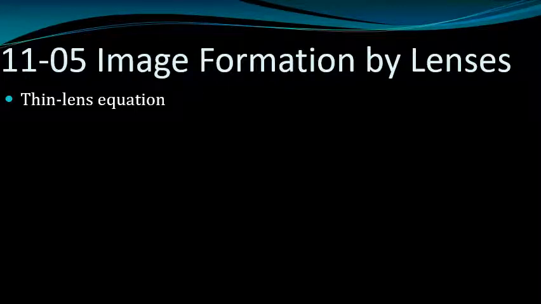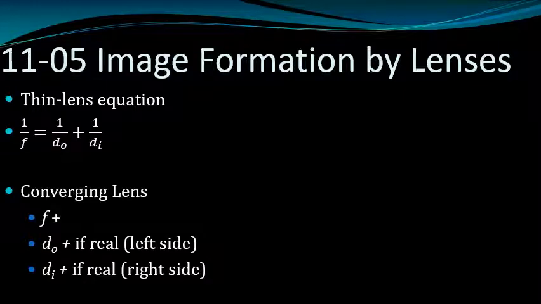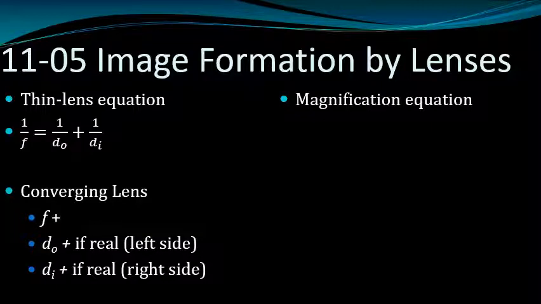Conveniently, there's also an equation that does all this. The thin lens equation: 1 over f equals 1 over object distance plus 1 over image distance. If it's a converging lens, the focal length is positive, and DO and DI are positive if they are real. We also have a magnification equation, which gives us our heights.